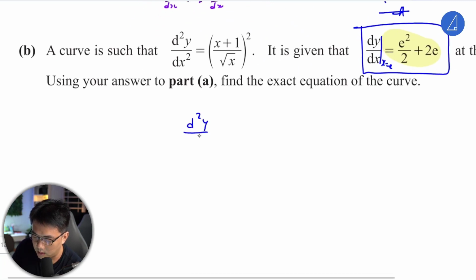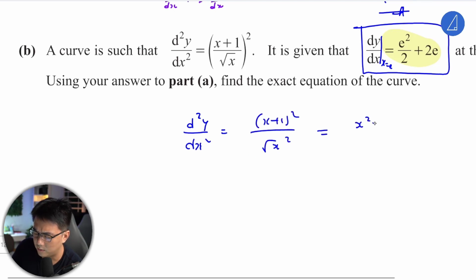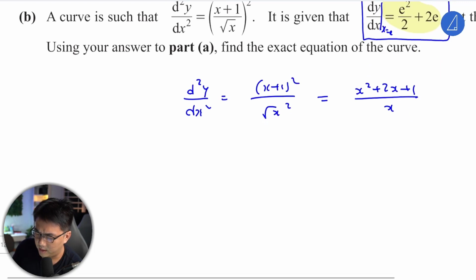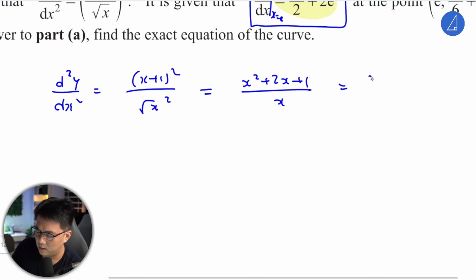So d squared y/dx squared is given by, I'm going to just separate this, 1 over root x. Maybe I could just square top and bottom. Okay, so this will be (x plus 1) squared over square root x squared, which is x squared plus 2x plus 1 over x. So simplifying this expression here will give us x squared over x plus 2x over x plus 1 over x.